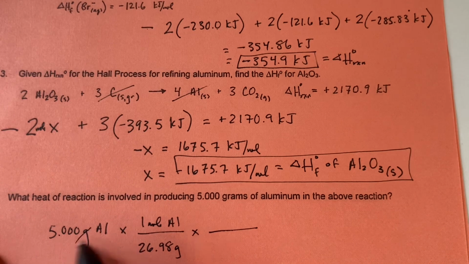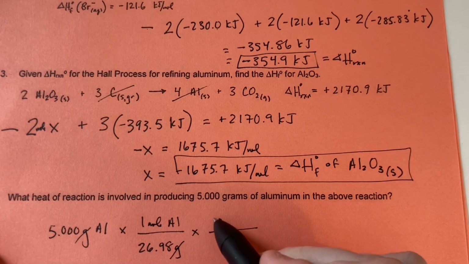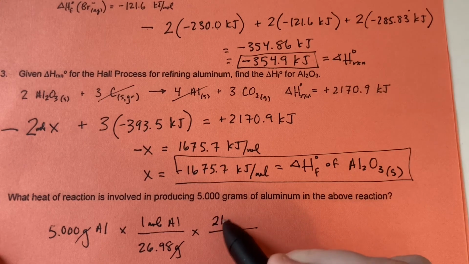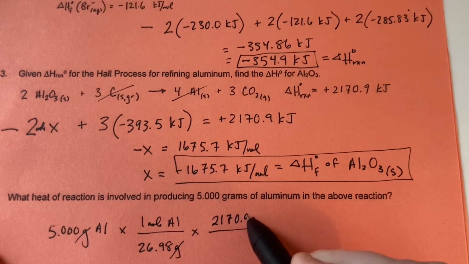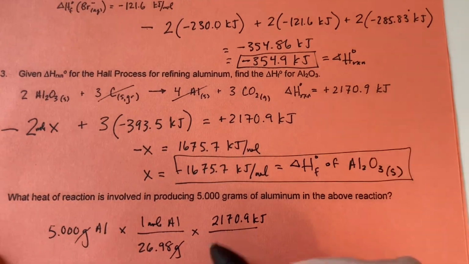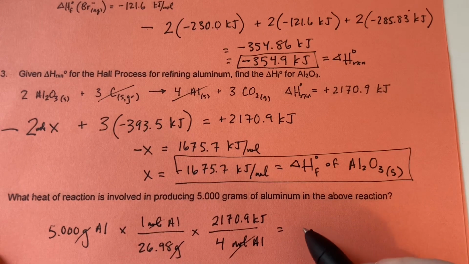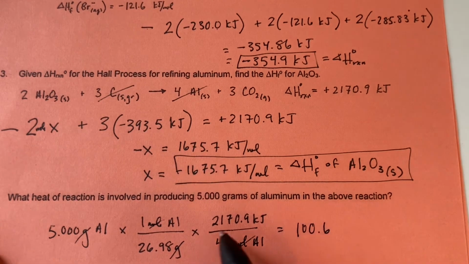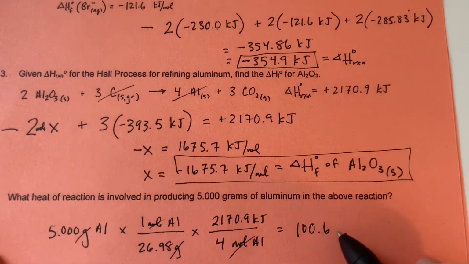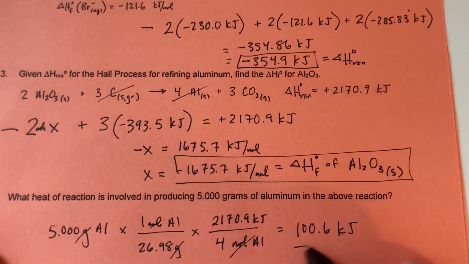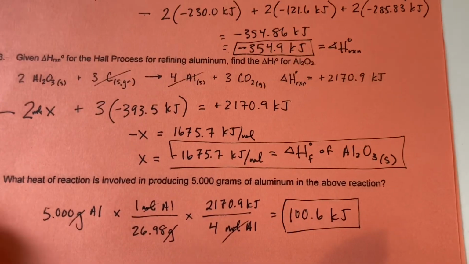Okay, so grams cancel. And we got 1 mole. Here's the heat involved, positive 2170.9 kilojoules for every 4 moles of aluminum. So moles cancel, and that gives us our kilojoules, 100.6, because I got 4 sig figs kilojoules. There. Very nice.